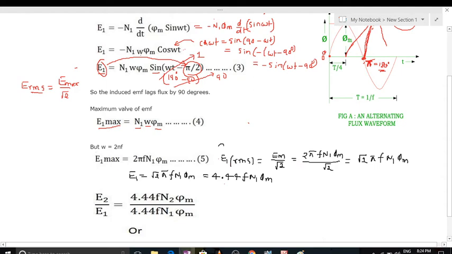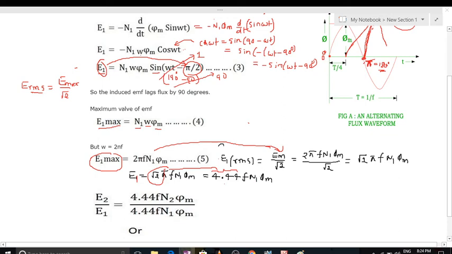Substituting the value here, it becomes 2πf N1 φm by root 2, which can be written as √2 π f N1 φm. So the induced EMF at the primary, E1, is √2 π f N1 φm. The value of √2 π is 4.44, so E1 = 4.44 f N1 φm.